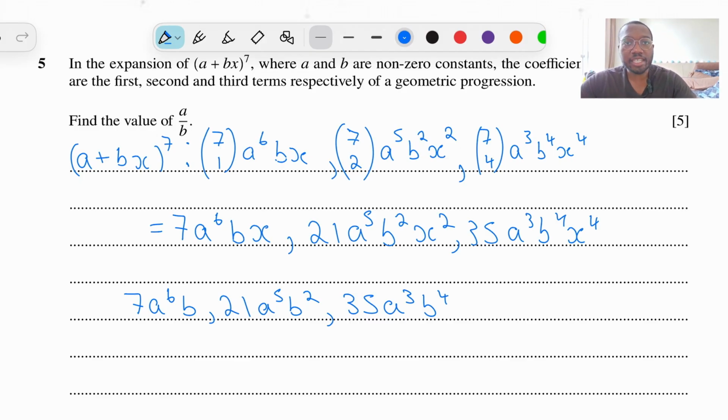These would be the first, second, and third terms. And if this is a geometric progression, then we know that they all must be multiplied by the same value, so times by r to get to the next term. So now we can form an expression for r, going to have simultaneous equations, and we can work out a over b.